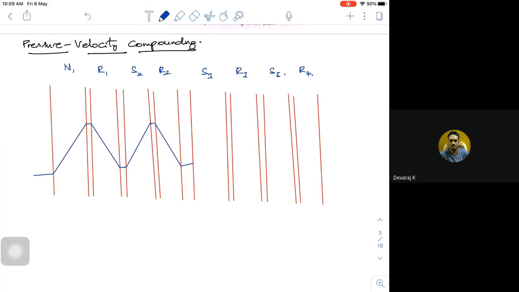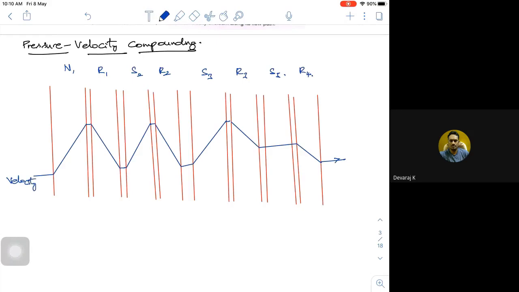Then in the velocity compounding, this will increase, then drop to a lower value, then remain almost constant, then drop further in the rotor. Then it goes out. This is your velocity, entry and exit. So this is how my velocity will go.